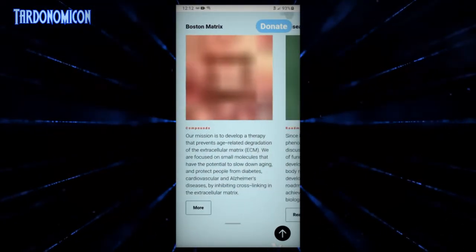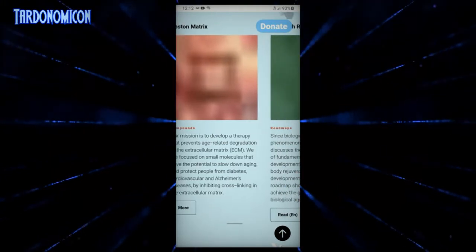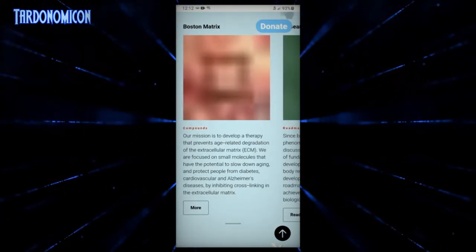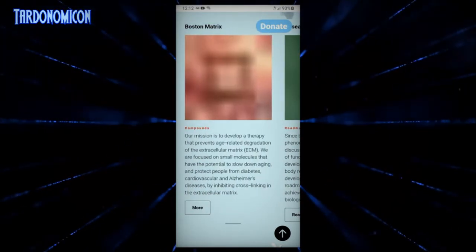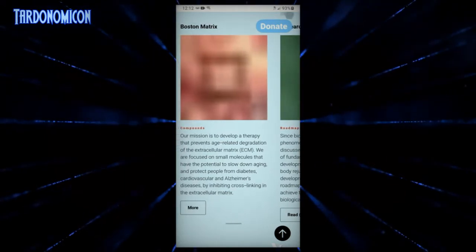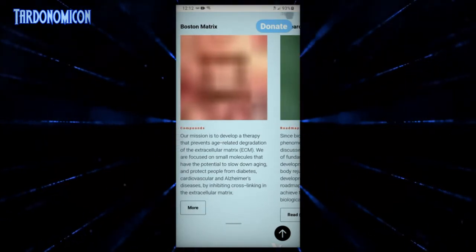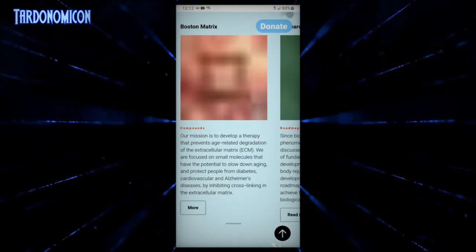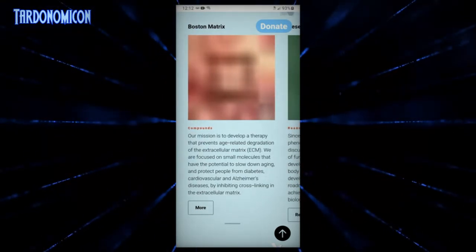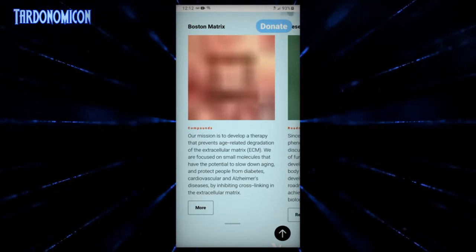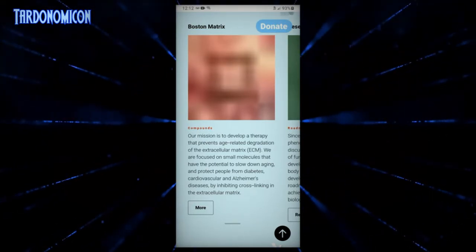Their mission is to develop therapy that prevents age-related degradation of the extracellular matrix. The extracellular matrix is what your cells live in. It's kind of like the medium that keeps your cells together. Okay, they are focused on small molecules that have potential to slow down aging and protect people from diabetes, cardiovascular disease, Alzheimer's disease by inhibiting cross-linking.